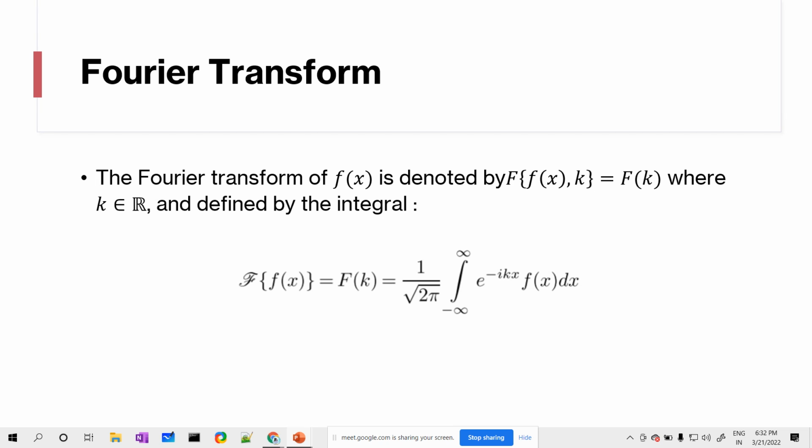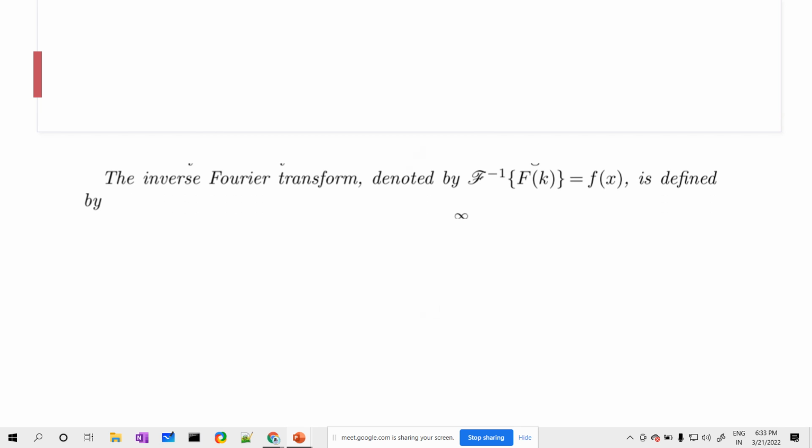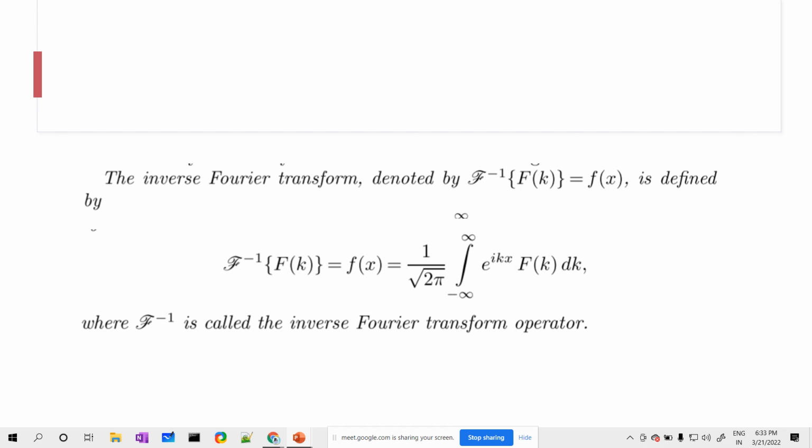Whenever we see any transform, since we have done the Laplace, we know there would be a question of inverse. In this case, the inverse is easier, since the formula is exactly the same as the formula of the Fourier transform. The only difference is of the sign. So for the Fourier inverse we have the kernel like this.